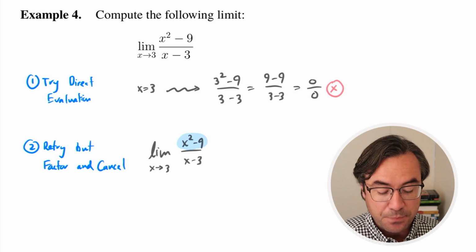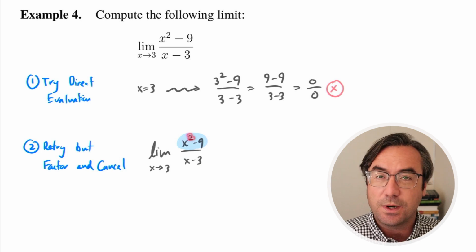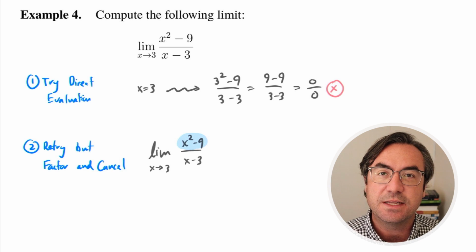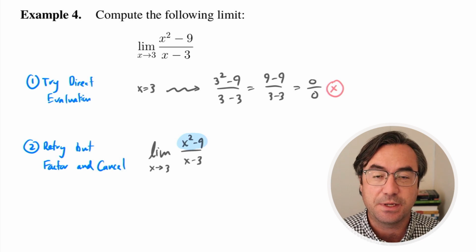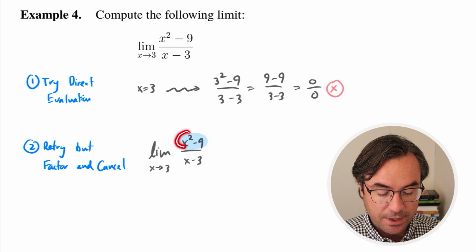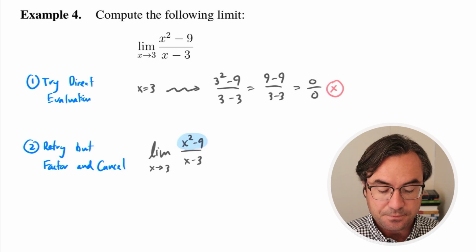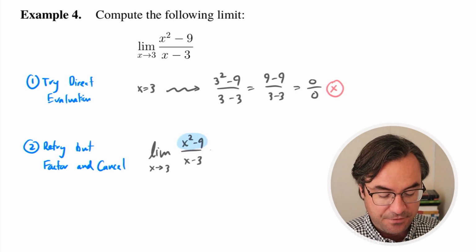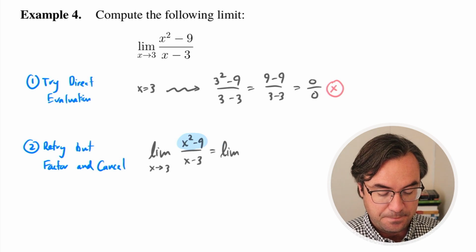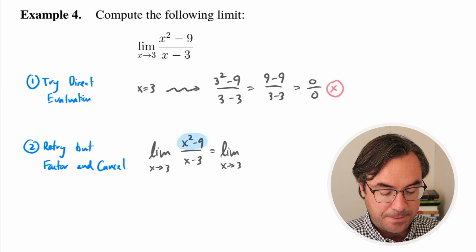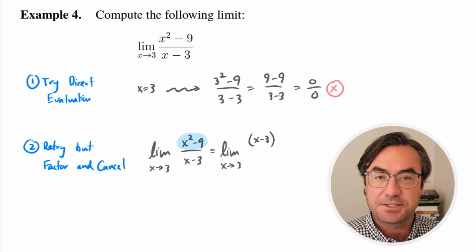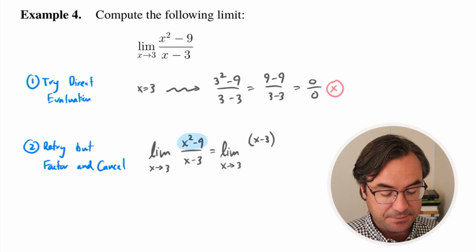It's only one factor. But when it's a quadratic, that's an indication that there might be 2 factors that we can do. So we want to try to factor this. And it factors nicely. So it factors into x minus 3 times x plus 3.